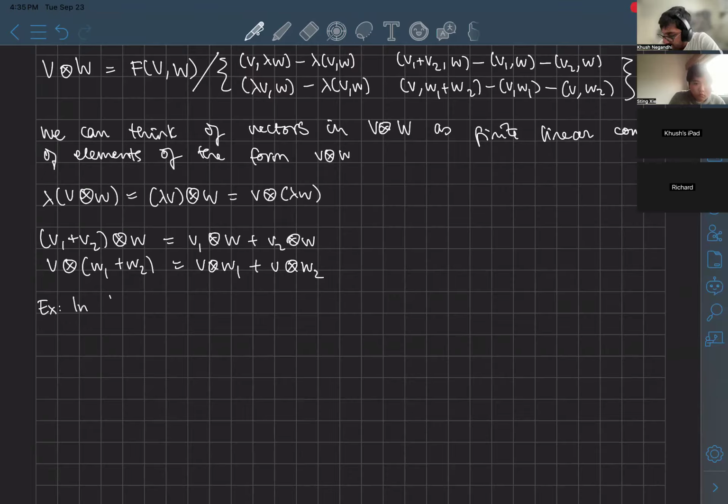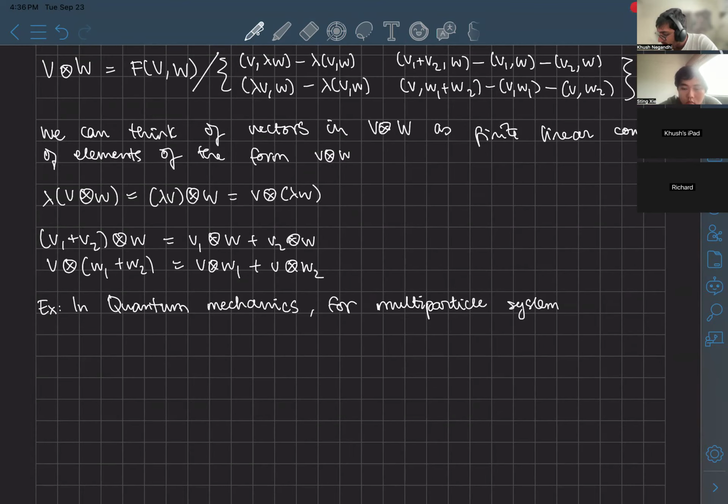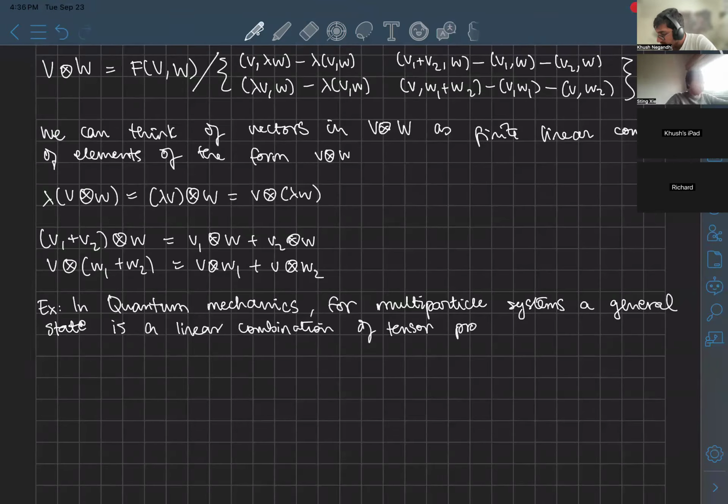So in quantum mechanics, for multi-particle systems, a general state is a tensor product. Sorry, is a linear combination of tensor product states. So what do I mean by this?